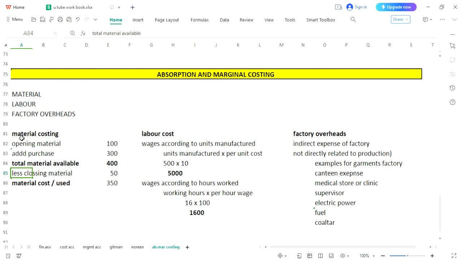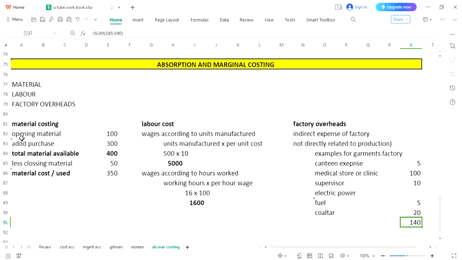We have seen how material cost can be calculated, how labor cost can be calculated, and how factory overhead cost can be calculated. Let's say canteen expenses are 50, medical store 5, supervisor 10, electric power 5, coal tar 20. Collectively, when you sum up all the expenses, this will be your total factory overhead expense.